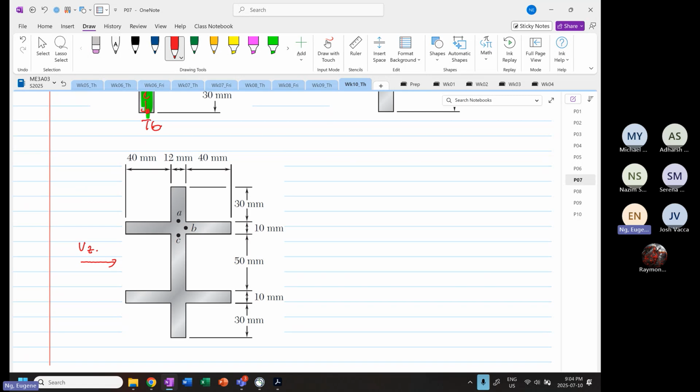So now if we were to look at Vz, how does the shear flow flow? Okay, so where are our major webs now? These are now our major webs. Can you all see that? Okay, this is also our major web. So your Q will now flow this way.